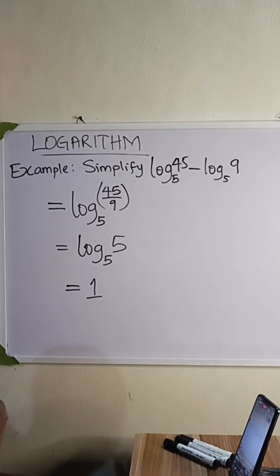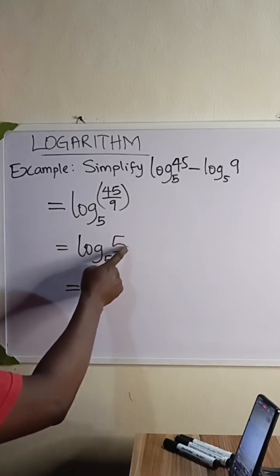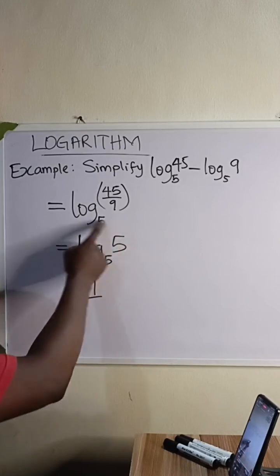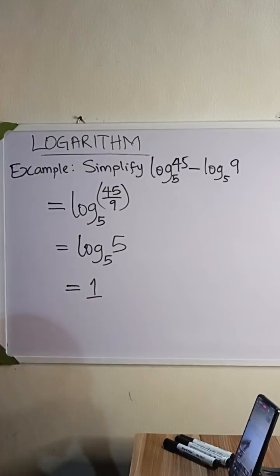So we can see that by knowing the simple laws, we know when to apply them in solving more complex questions as we are going to be seeing them. Okay, so can we continue? The answer will be 1. When the ordinary number is equal to the base, the logarithm is equal to 1.